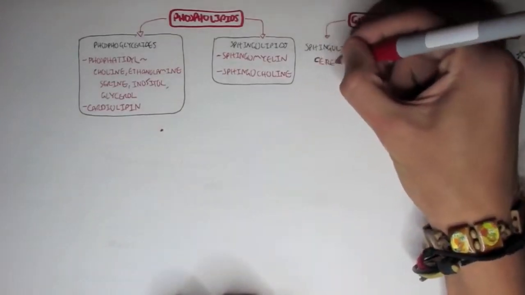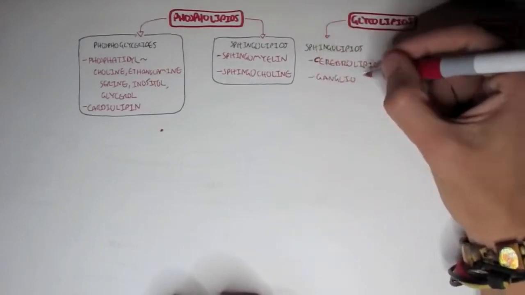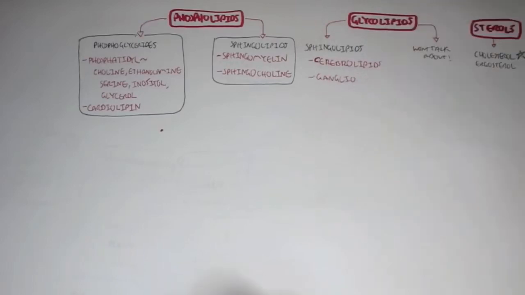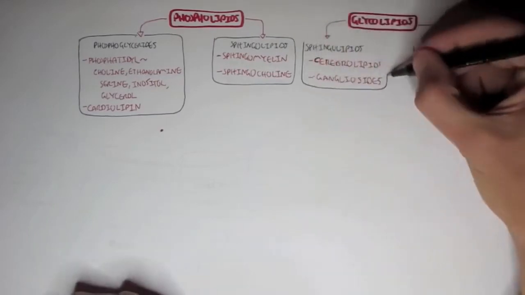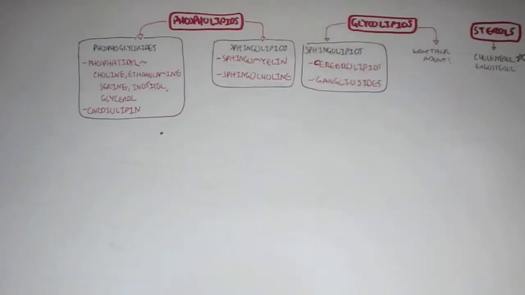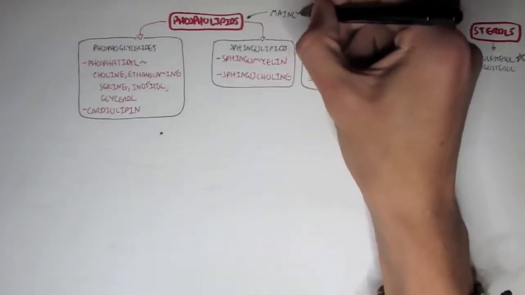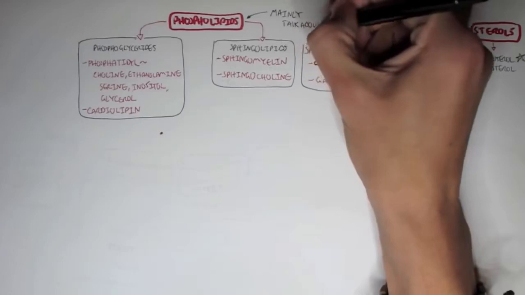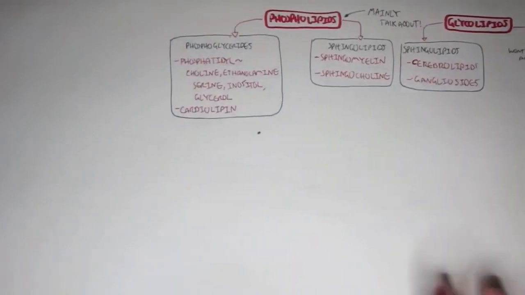For the glycolipids, the sphingolipids, there are cerebrosides and gangliosides. But we will be mainly concentrating on the phospholipids because they are more plentiful in the cell membrane, I would say. So we'll look mainly at the phosphatidyl group and also the sphingomyelin.